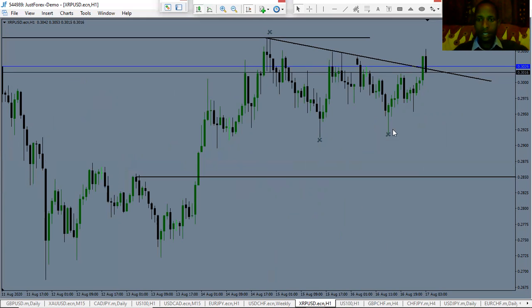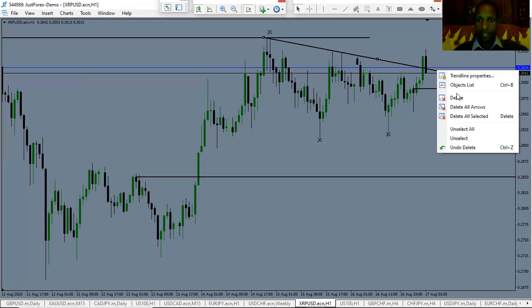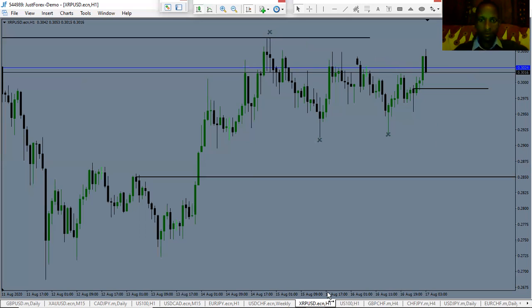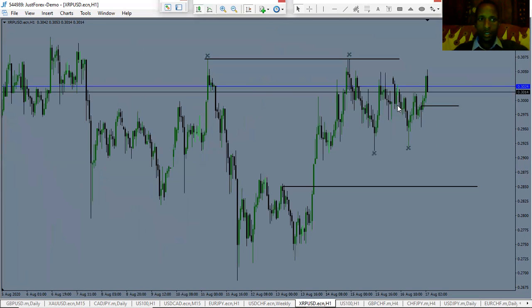And this one didn't come here at this point. So now what are we really expecting? We're expecting for this candle at least to come and trade here at this point before we can inject long positions.